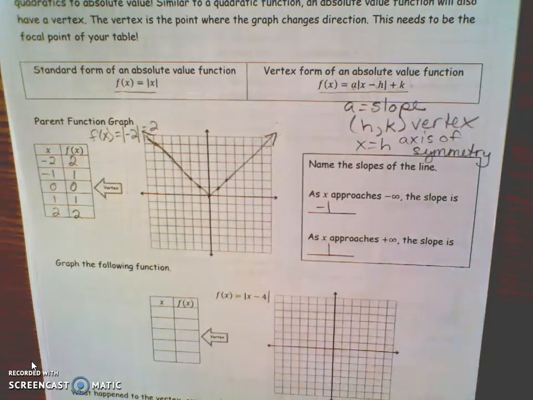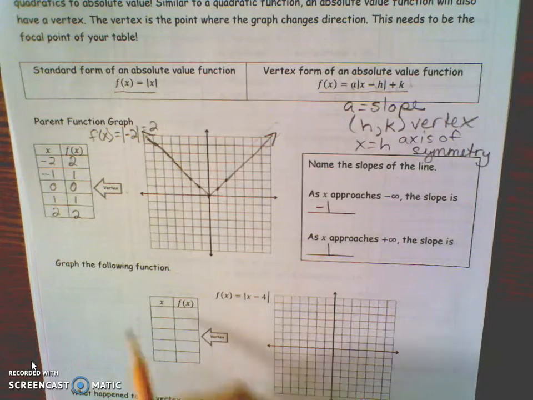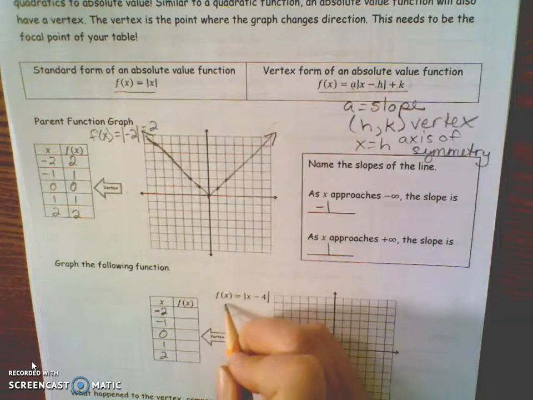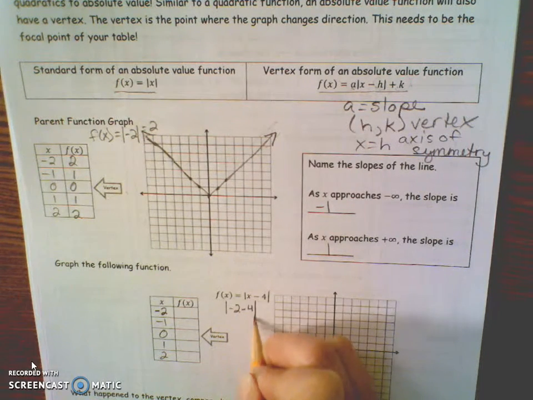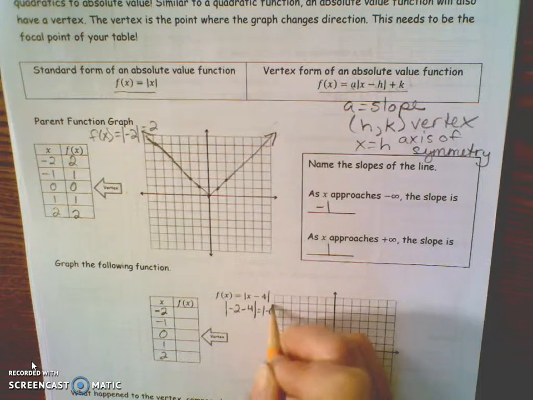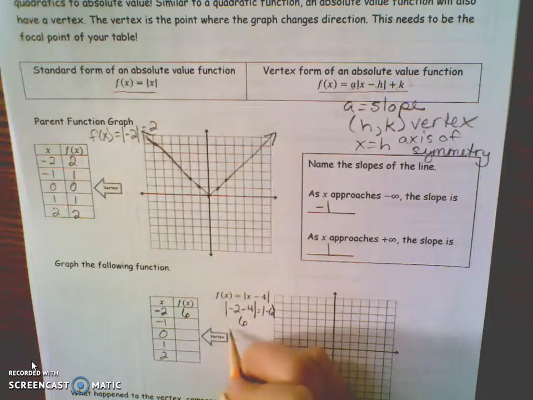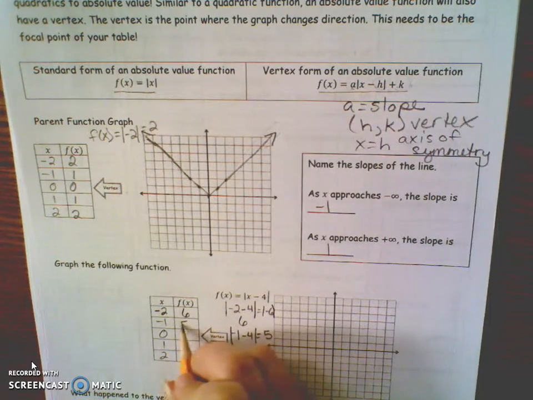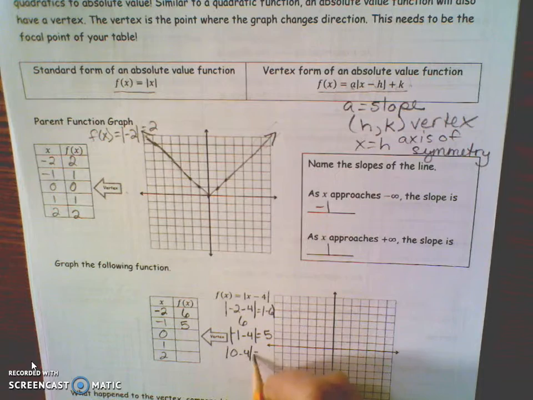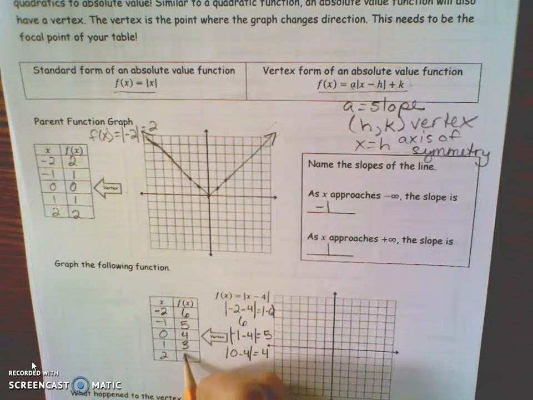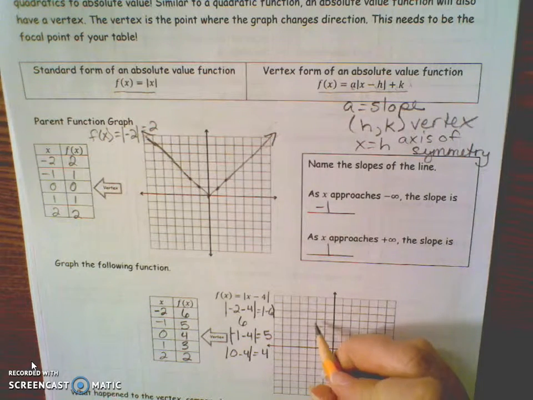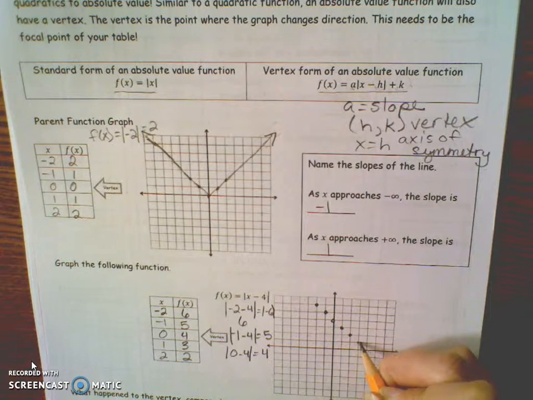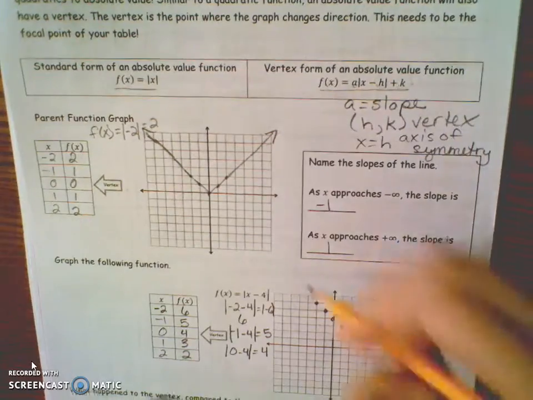So let's see why that works. So if I do -2, -1, 0, 1, and 2, and I put in absolute value of x minus 4, the absolute value of -2 minus 4 is the absolute value of -6, which is 6. -1 minus 4 is going to be 5. 0 minus 4, it's going to be 4, and then 3 and 2, 1, and then it keeps going and goes back up again like that.